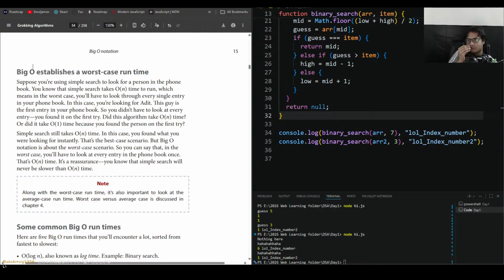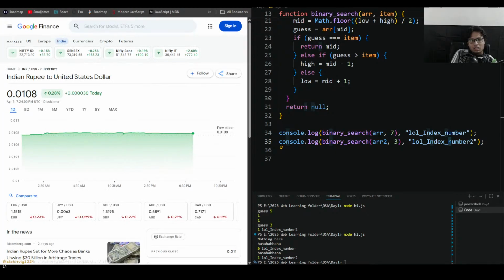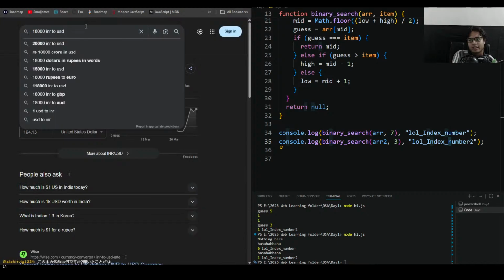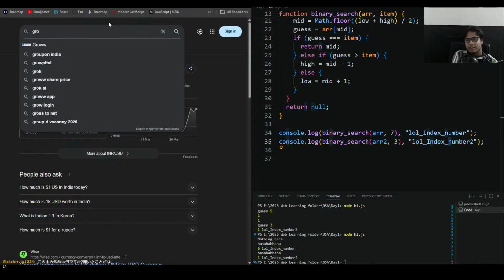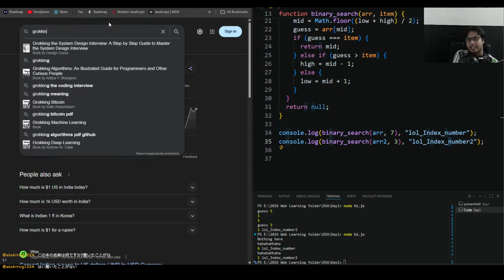Oh, are you asking this? It's Grokking Algorithms. What was the name? Grokking Algorithms.